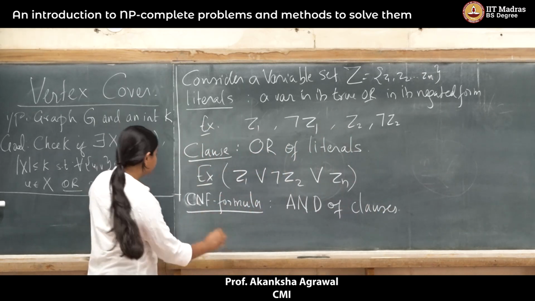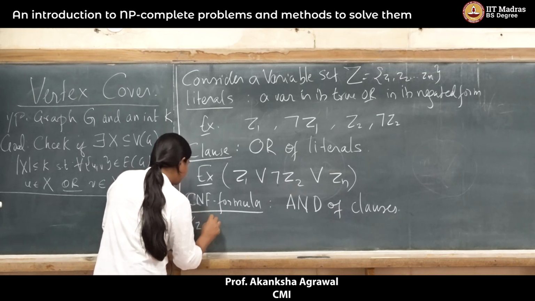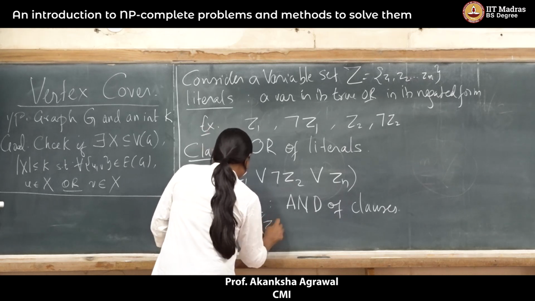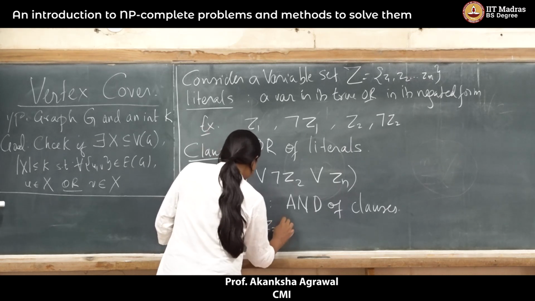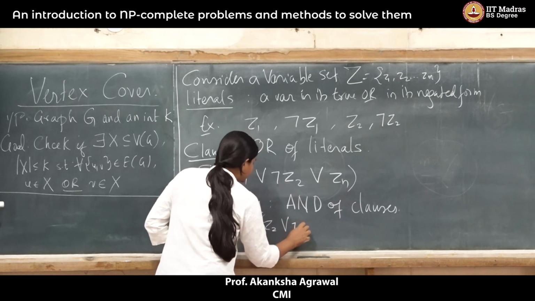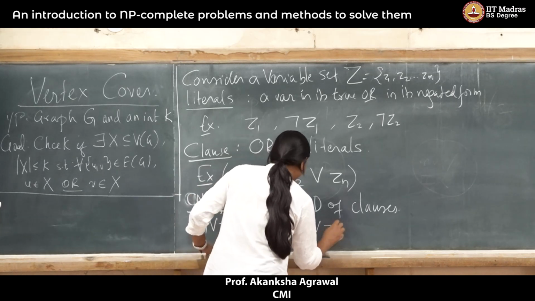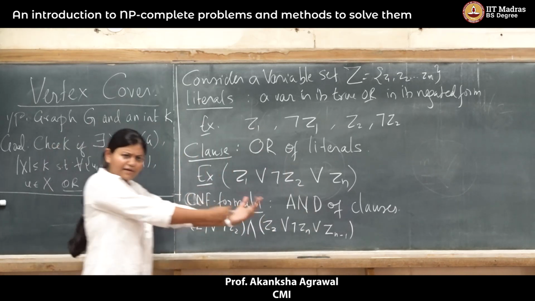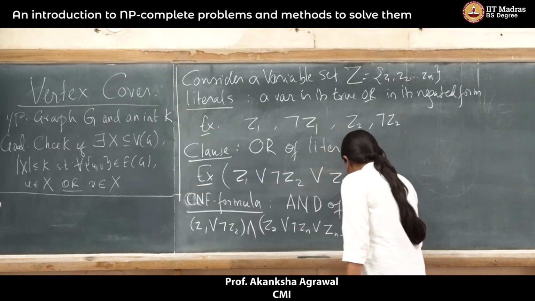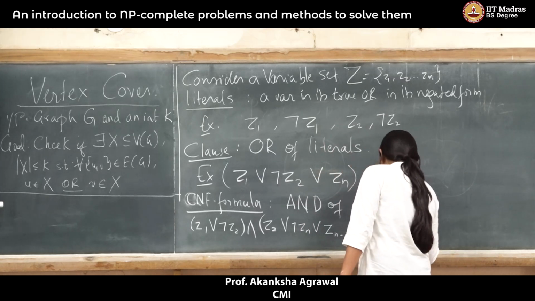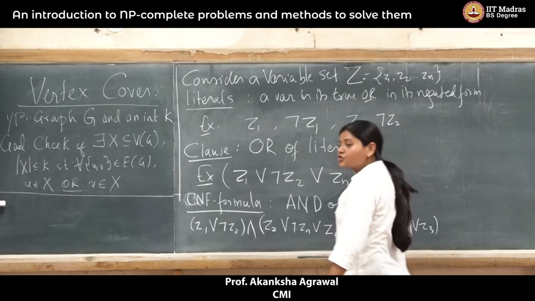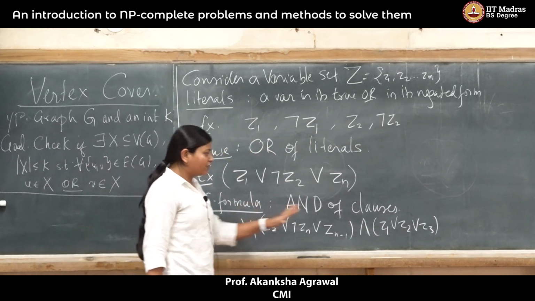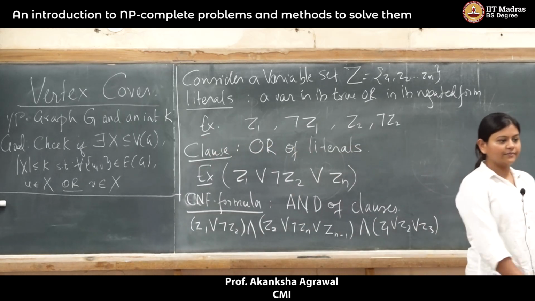For example, Z1 or not of Z2, and say Z2 or not of Zn or not of Zn minus 1. This is a CNF formula. I can add more such clauses, for instance Z1 or Z2 or Z3 and so on. This is a CNF formula where it is an AND over a bunch of clauses, finitely many.